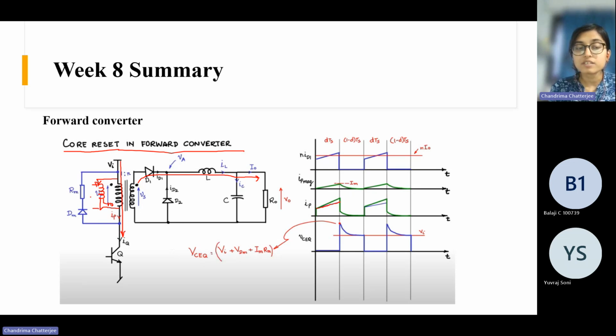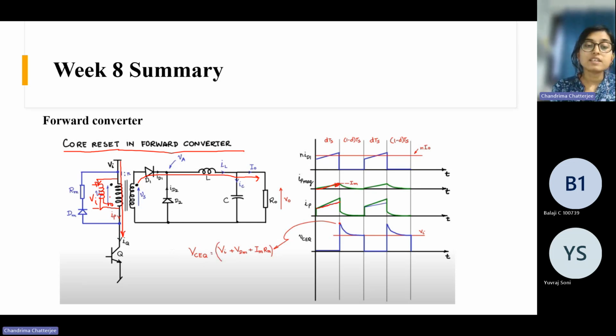That is nothing but the voltage Vi. The input voltage appears across the magnetizing inductance. So if you apply a positive voltage across an inductor, what happens? The current rises. So here, this is the magnetizing current.